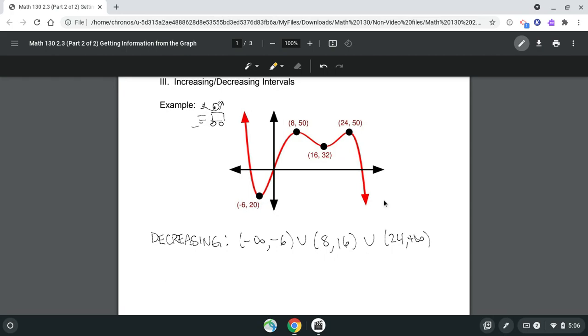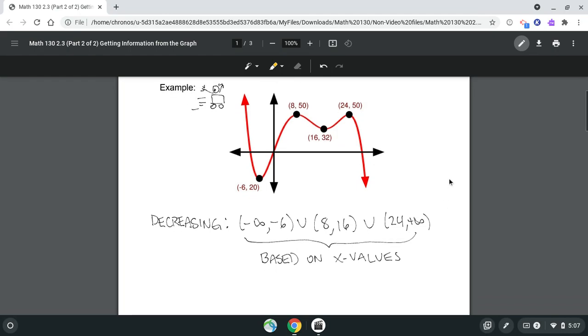When you write your intervals, keep in mind that these are all based on x values. So you say from this x value to that x value, from this x value 8 to this x value 16.